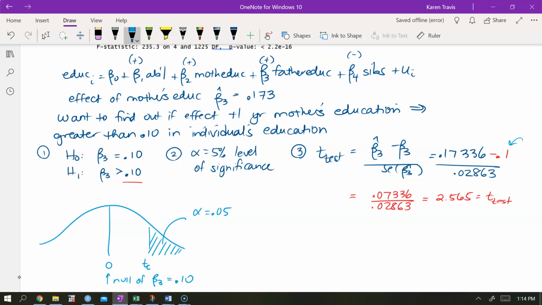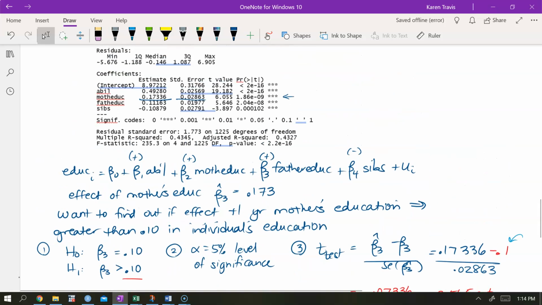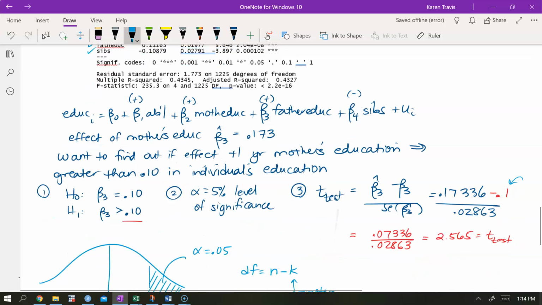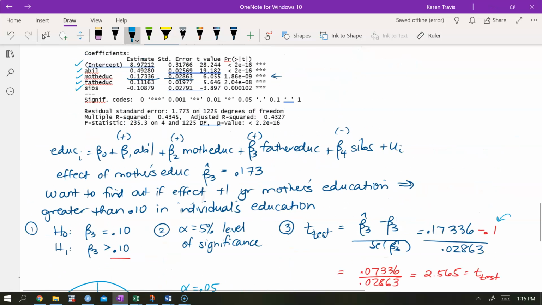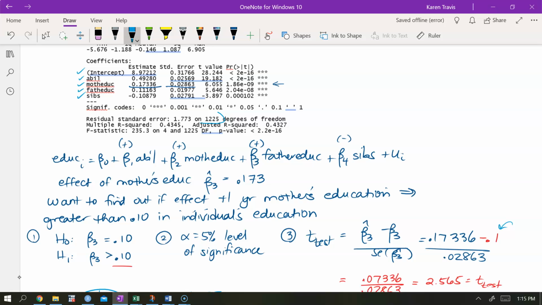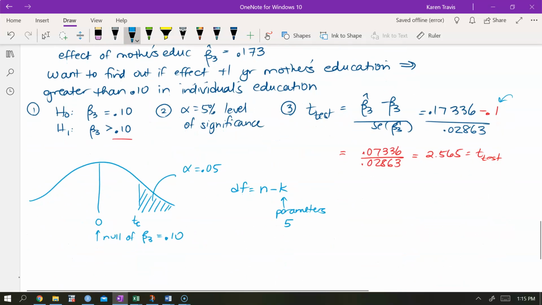If I look up t critical in R or in Excel, let's figure out what we would use for degrees of freedom. So degrees of freedom is n minus k, however many parameters we have. So we can look up here and see that we estimated 1, 2, 3, 4, 5 parameters. That was 5. And the problem gives us that this was the degrees of freedom.